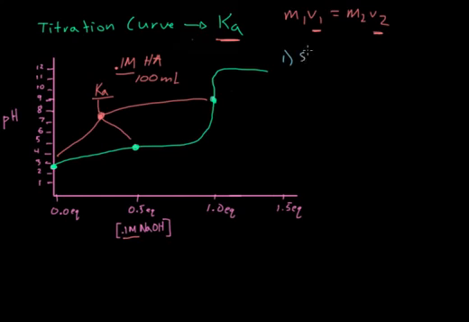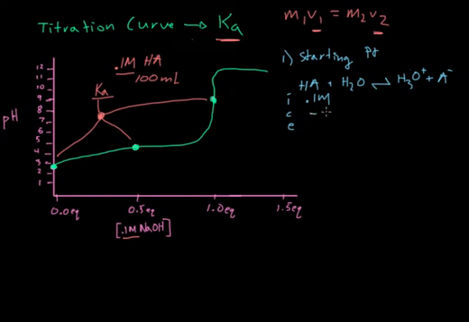So at the starting point, the HA is going to either react with NaOH or water. And since there is no NaOH, then we can only react with water. And it's going to undergo its standard equilibrium dissociation. We start with 0.1 molar.